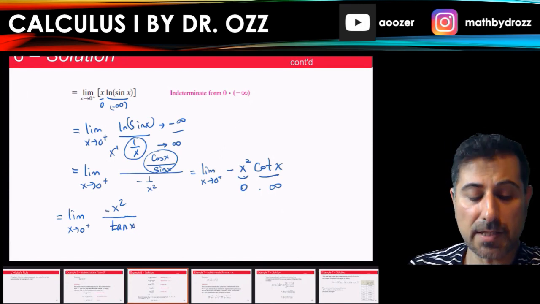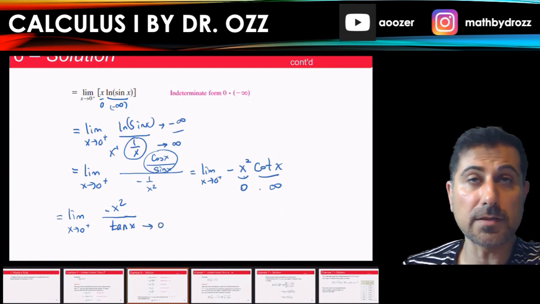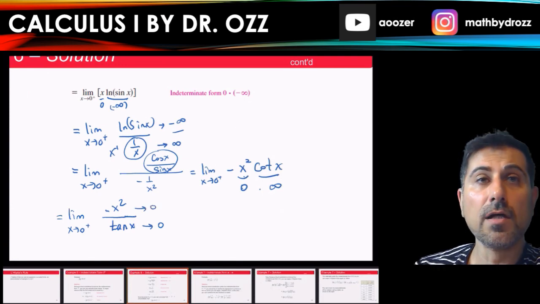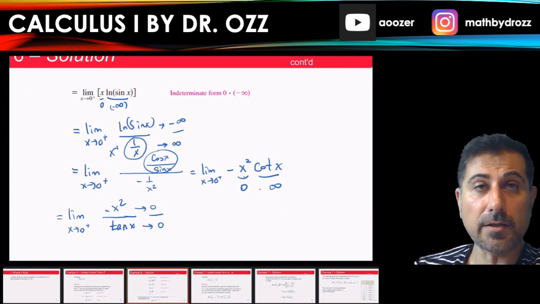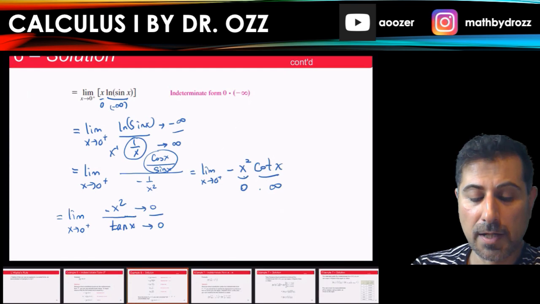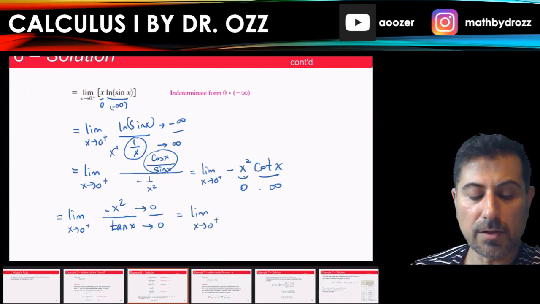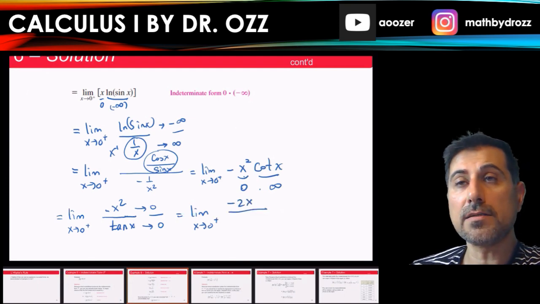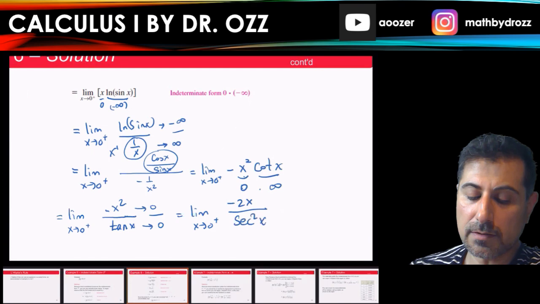So this time tangent approaches 0 once x is on the right of 0, and this term approaches 0 as well. So now I have another 0 over 0 type indeterminate form. And why don't we apply L'Hopital's rule again? So the derivative of the top is -2x, and the derivative of tan is secant squared x.